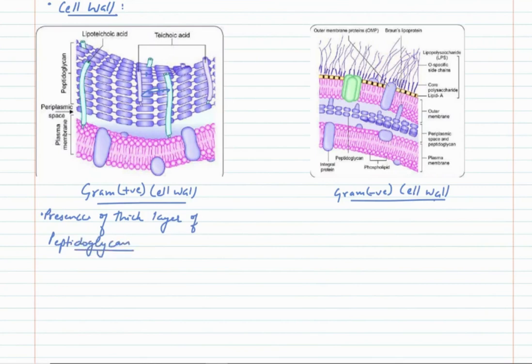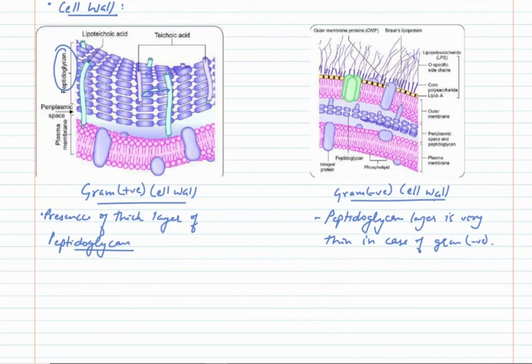Peptidoglycan is a biomolecule which is present in ample amount in the cell wall of gram-positive bacteria, whereas the peptidoglycan layer is very thin in gram-negative organisms.